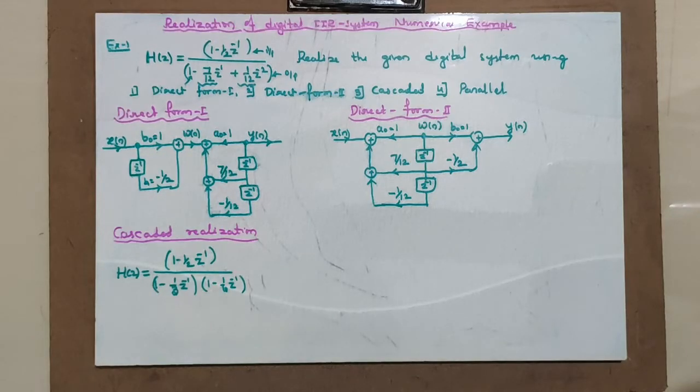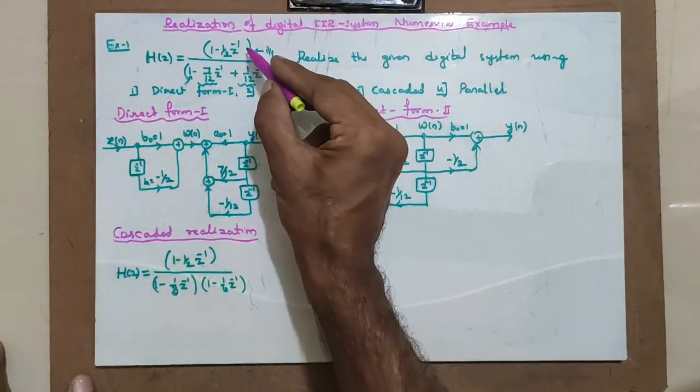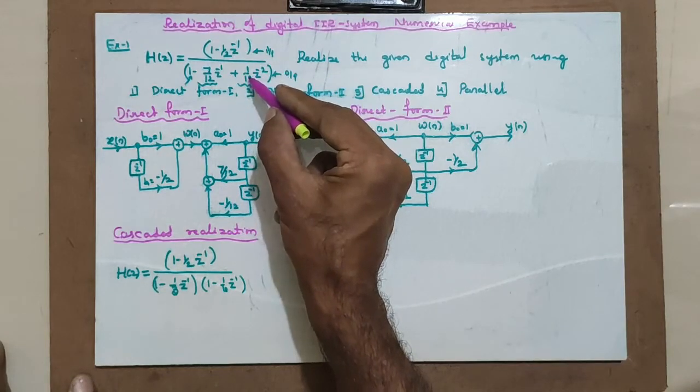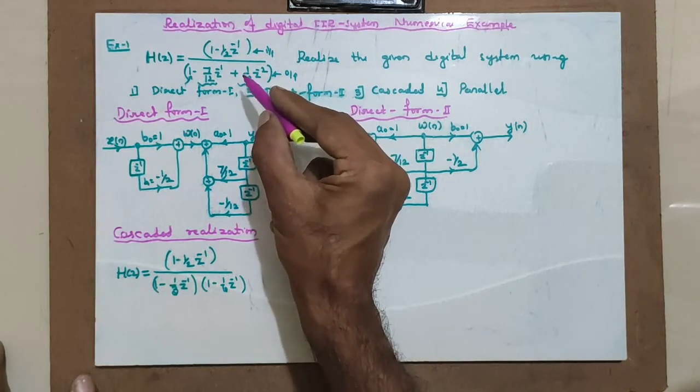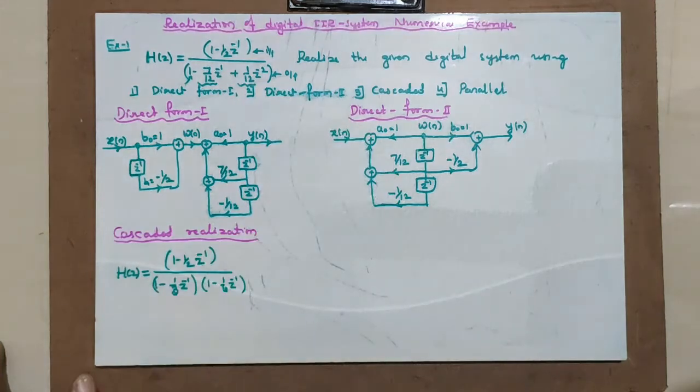Here the given numerator polynomial is of the first order, and the given denominator polynomial is of the second order. Hence, I will divide the given second order denominator polynomial into two first order polynomials.